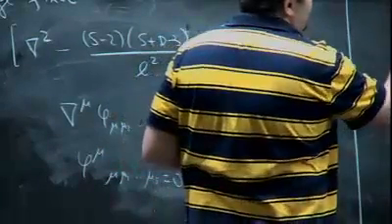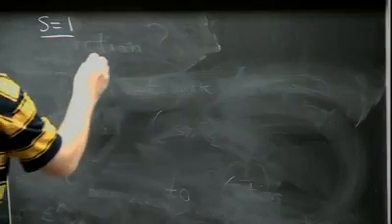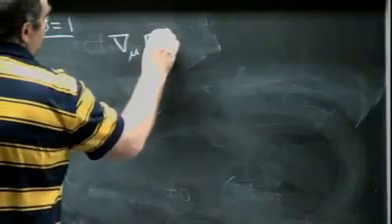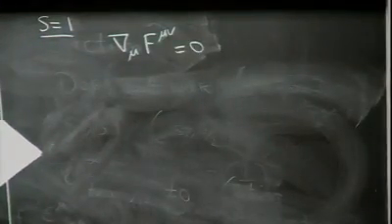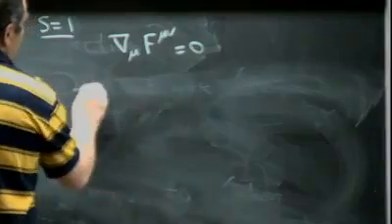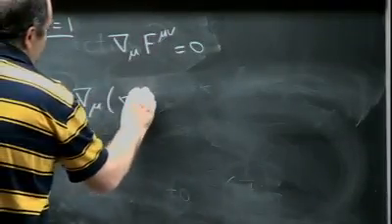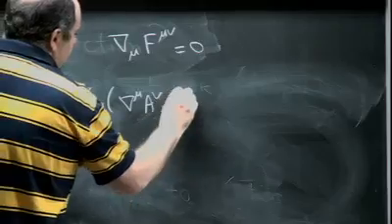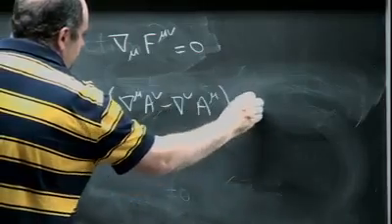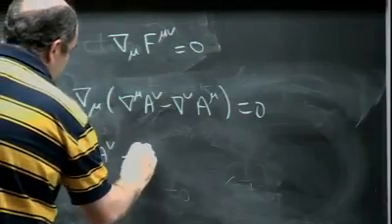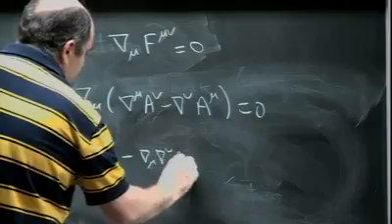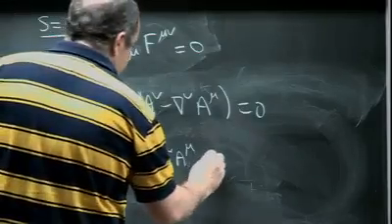For spin 1, we know that there is no problem putting it in any curved space, right? The Maxwell equations are just the covariant derivative of F mu nu. You all agree that these are the gauge invariant equations on any manifold, and this can be written in this form: nabla square A nu minus nabla mu nabla nu A mu equal to 0.